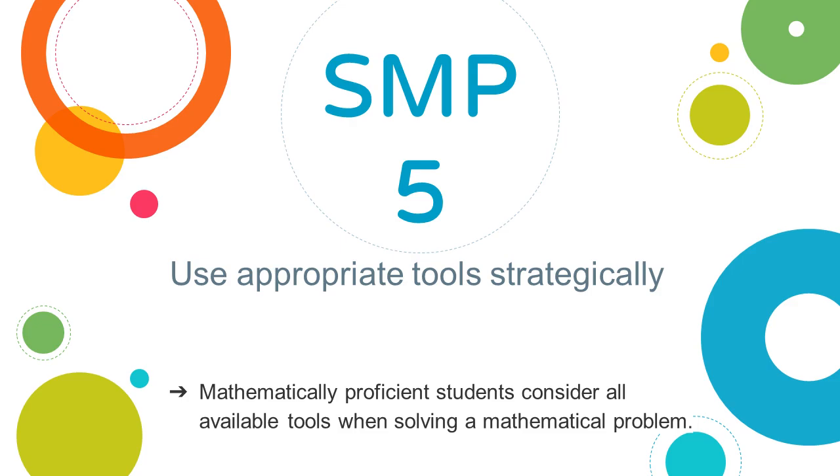Moving on to Mathematical Practice 5, use appropriate tools strategically. Practice number 5 is essential, and it's easily overlooked. It is the call for students to develop the ability to make sound decisions about when each of these tools might be helpful, recognizing both the insight to be gained and their limitations.